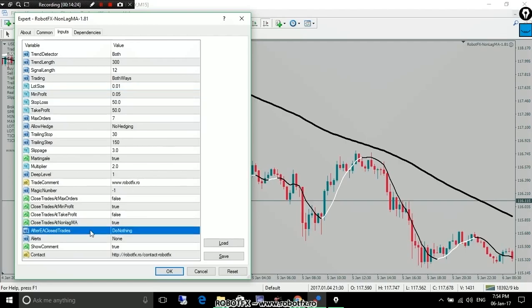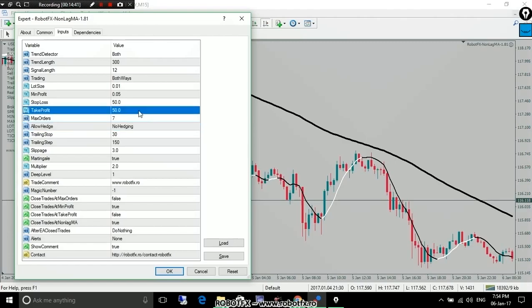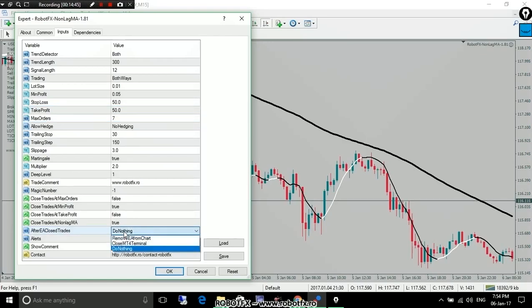And you also have the option to choose what the expert advisor does after it closes a trade. But again, you don't need this for no hedging, because when you don't hedge, the expert advisor will not close the trades, and the trades will close by themselves when they hit the stop loss or the take profit. So let's not talk about this now. I will talk in another video because this is already long now, 15 minutes.